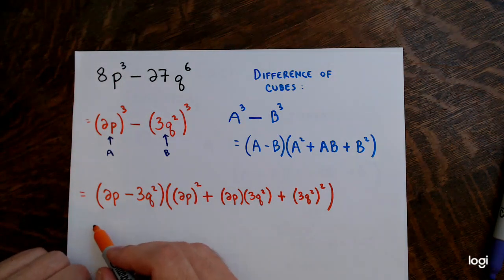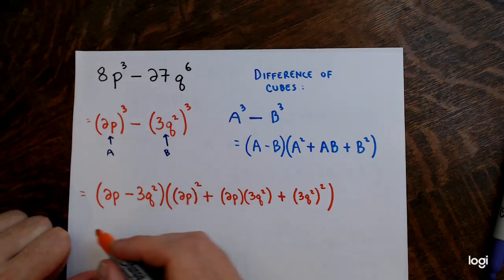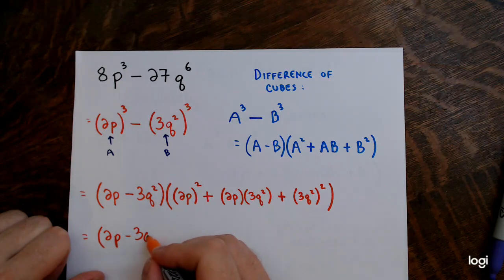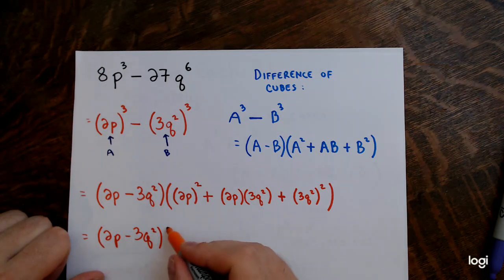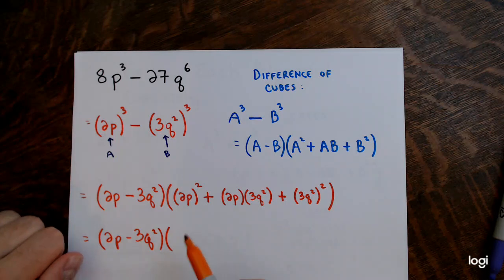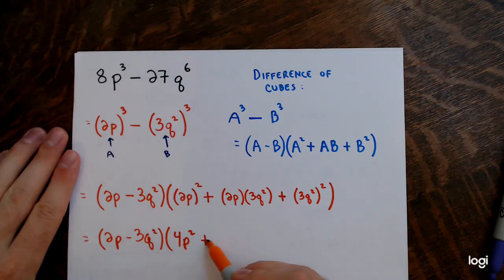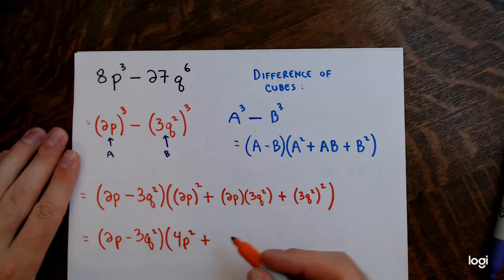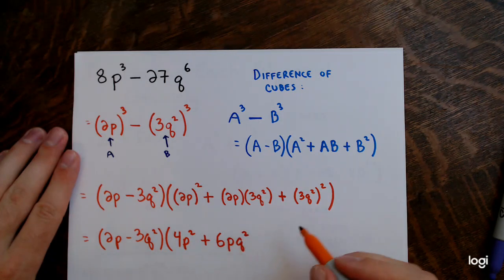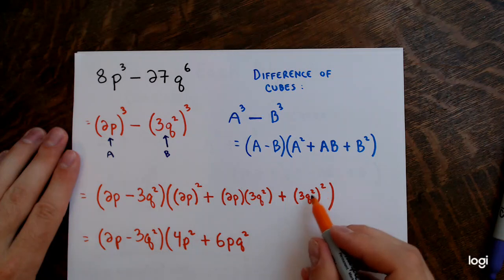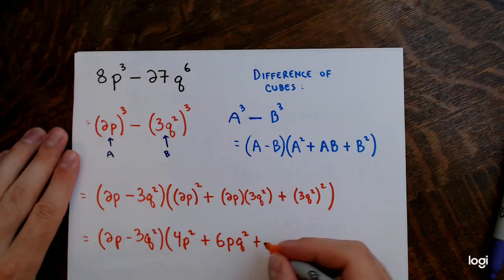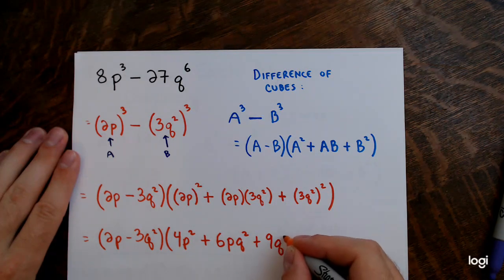Now, when you square this, I've got 2p minus 3q squared times, and then 2p squared is 2p times 2p, that's 4p squared, plus, and then 2p times 3q squared, that'd be 6pq squared, and then plus 3q squared squared, or 3q squared times 3q squared would be plus 9q to the 4th.